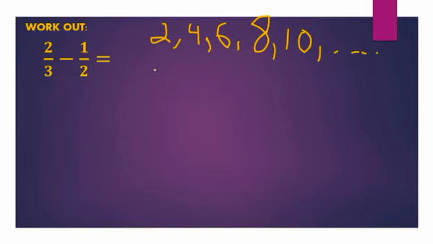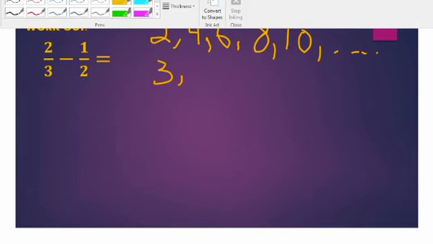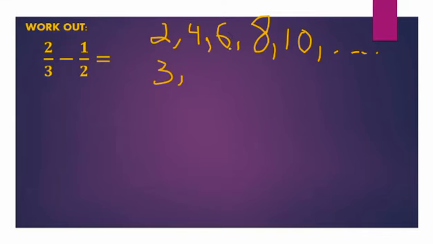Okay, now the multiples of number 3 are 3, 6, 9, and 12, and continue. Now the least common multiple between the multiples of the number 2 and the multiples of the number 3 is 6.